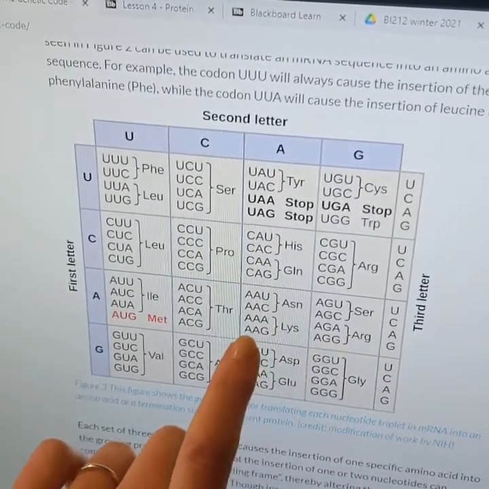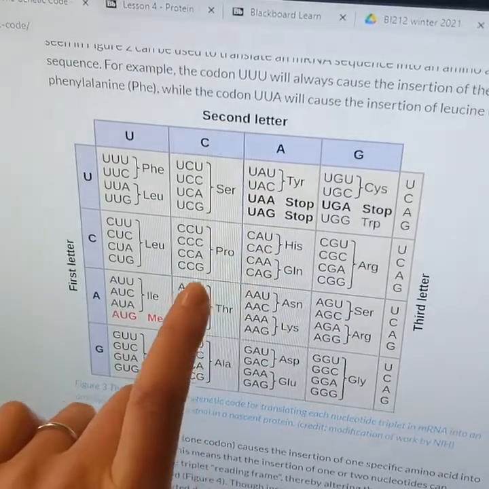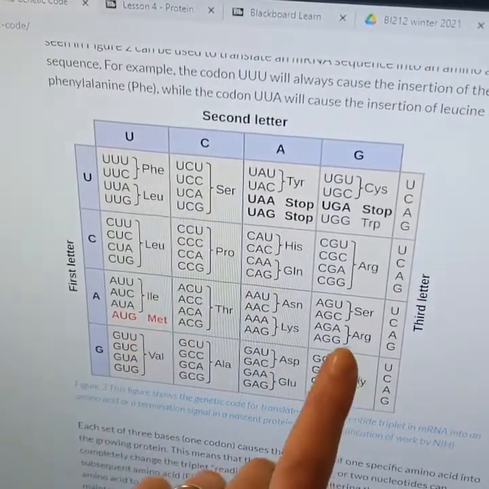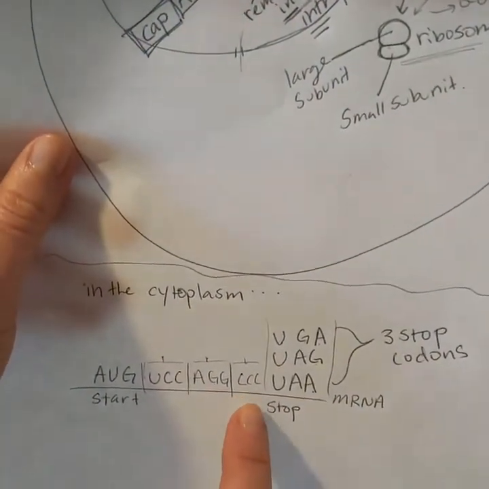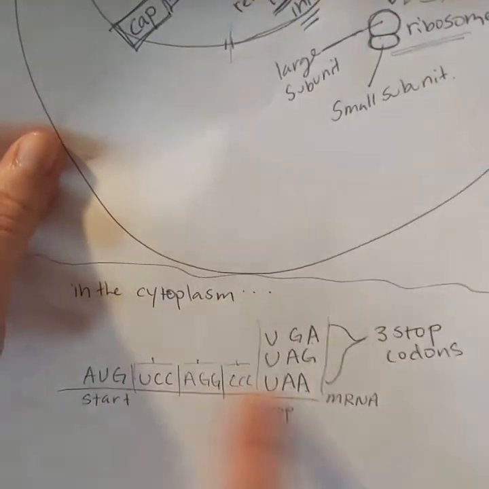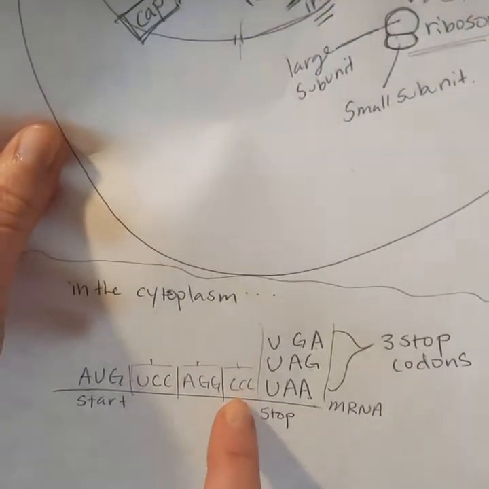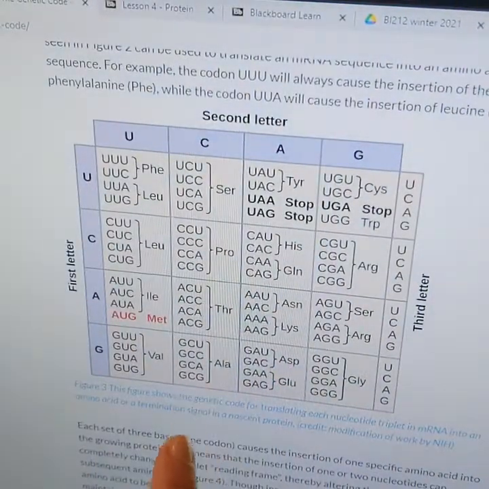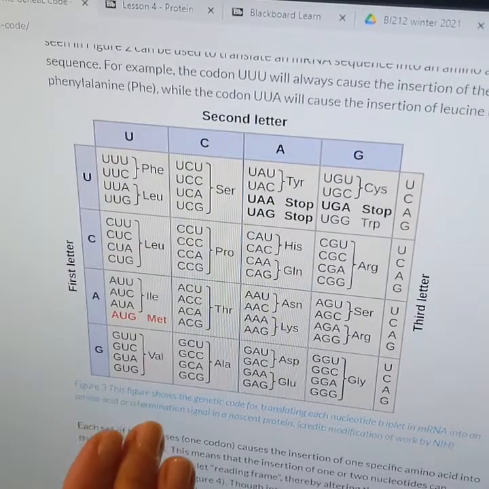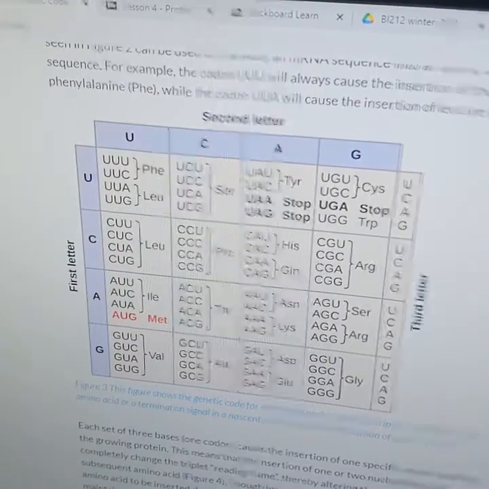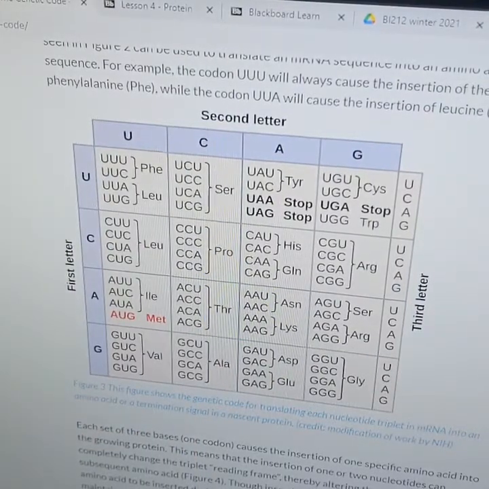So the fact that there's a couple different ways to get these amino acids is how come we can have silent mutations. Then on our piece of mRNA here, our next codon was CCC. So take a moment, look at this, and find what amino acid CCC codes for.